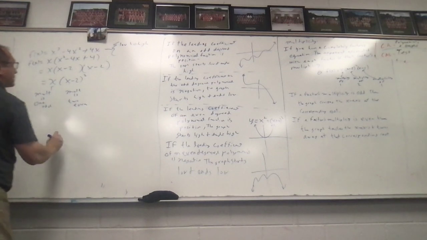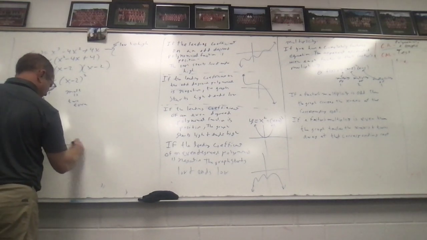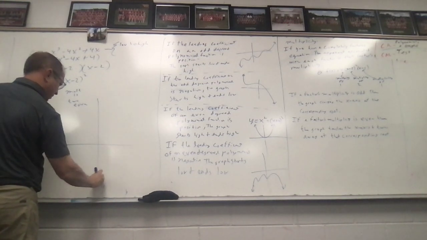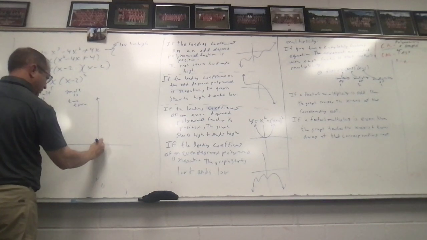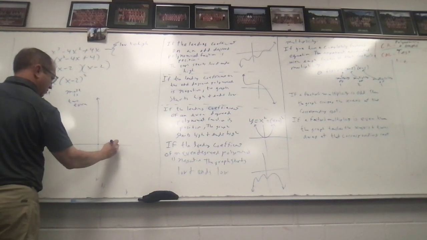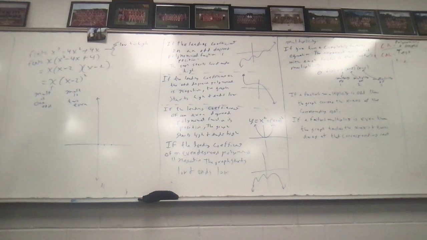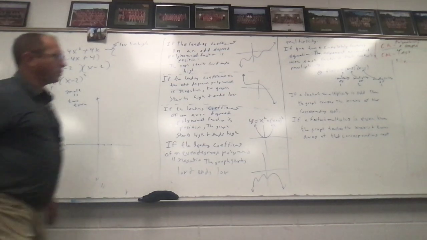All right, so I'm going to start plotting points so that I can graph. Here's 0. Here's 2. All right, so we're going to start low. We're going to end high. This has an odd multiplicity, so what does the odd multiplicity tell us is going to happen here at 0?